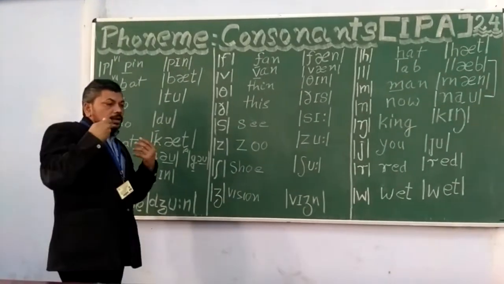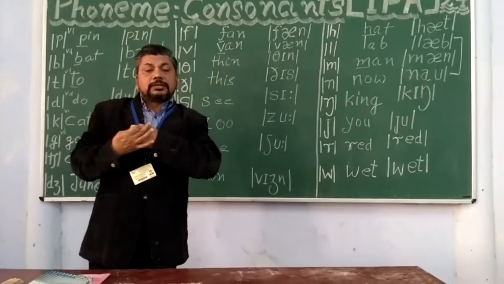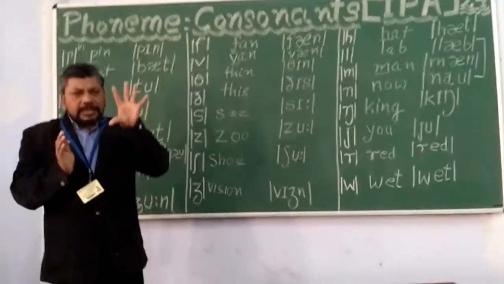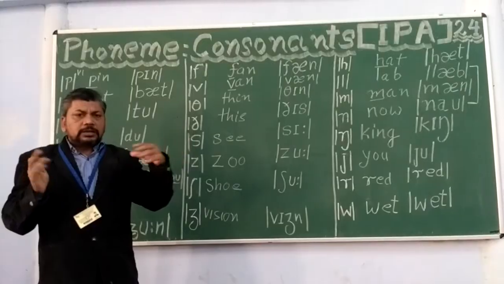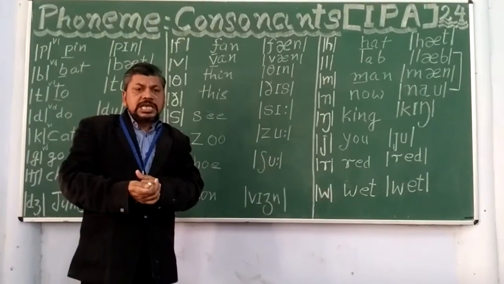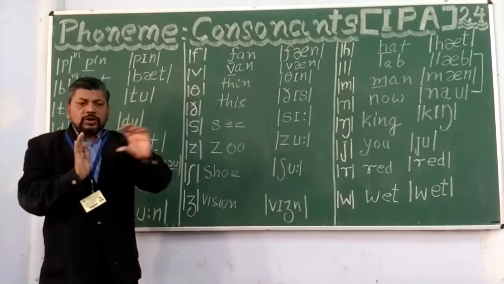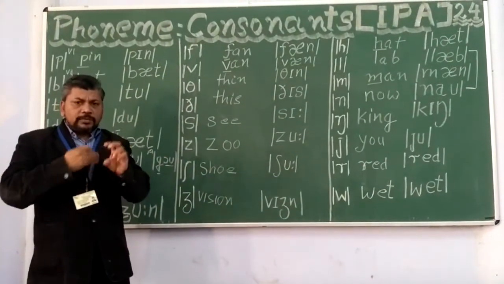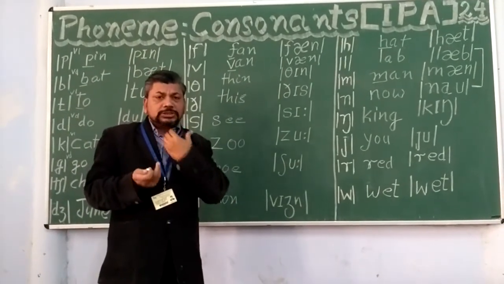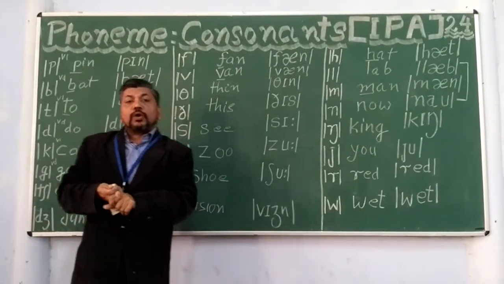Consonants are pronounced because of a blockage somewhere in the air passage. But in all the vowels, air flows, the passage is narrow or wide, but the sound comes out clearly. In consonants, there is a blockage somewhere and vibration in the vocal cords somewhere. If the vocal cords vibrate, they are known as voiced sounds.